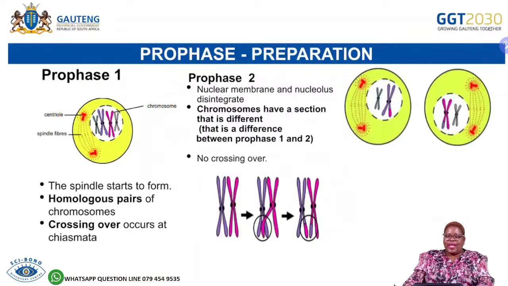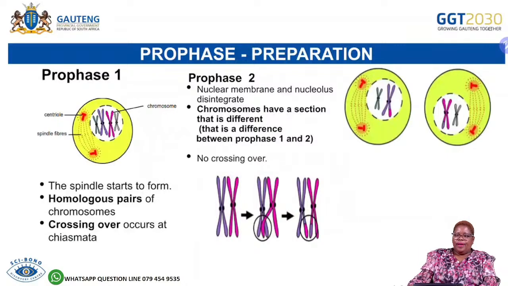We are going to look at the next phase. Remember, we started with the preparation phase, the interphase. Now, after interphase, we have prophase. We've got prophase 1 and prophase 2. What is going to help you is to have all the cells drawn.